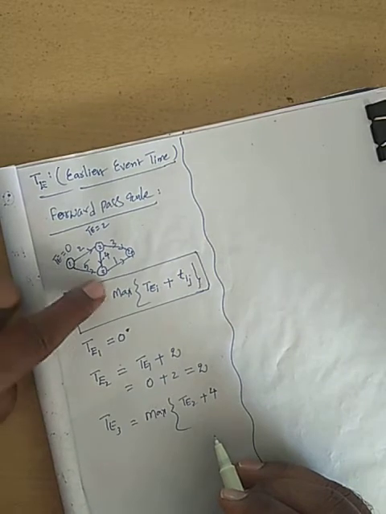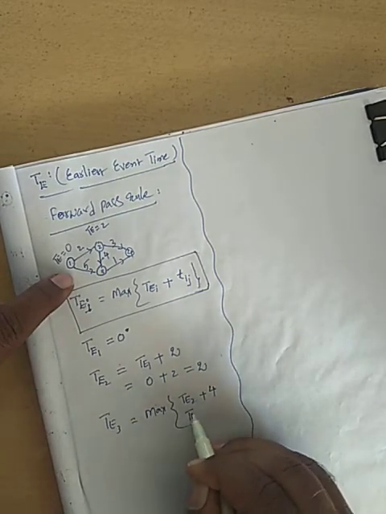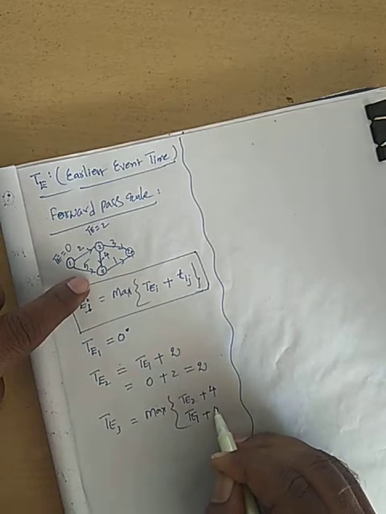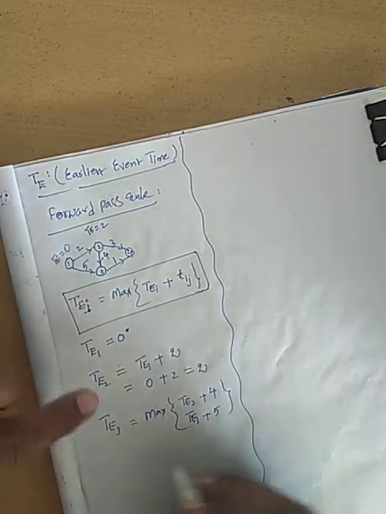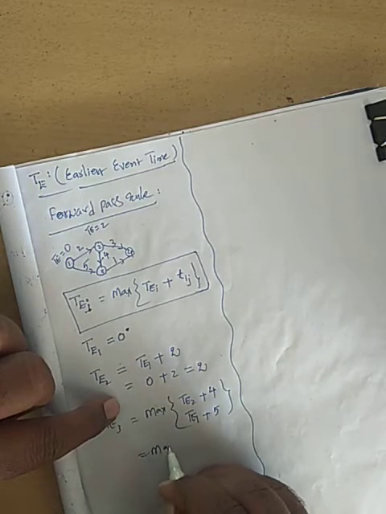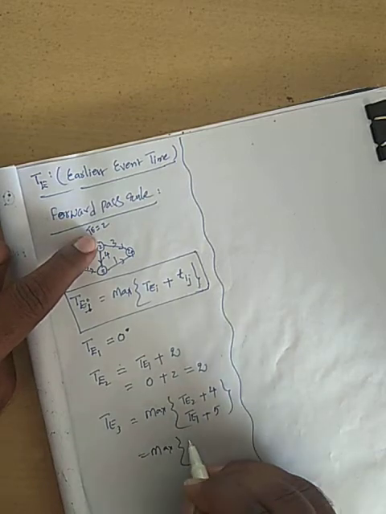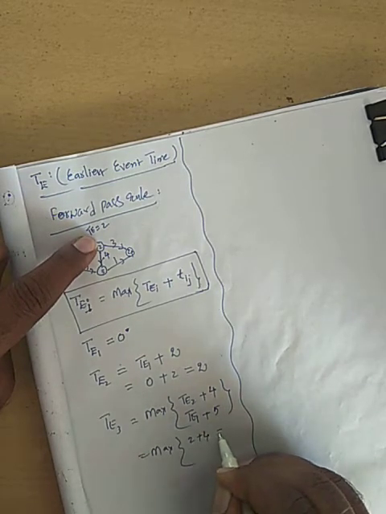Now what about this root? TE1 plus Tij value. How much here? 5. Okay. Now that is equal to max of. What is TE2? Just now we calculated 2 plus 4, nothing but 6.